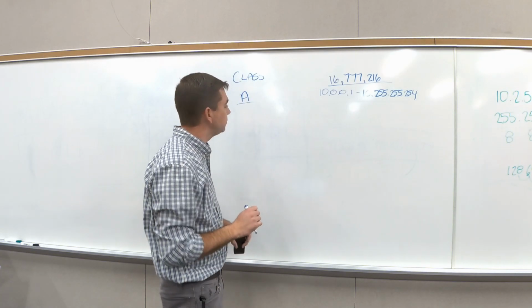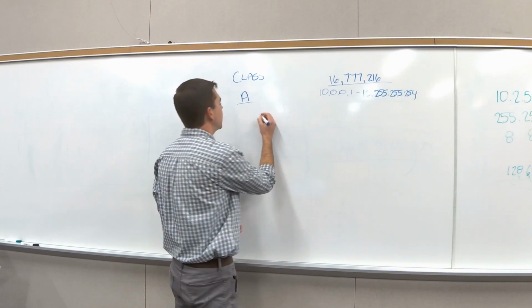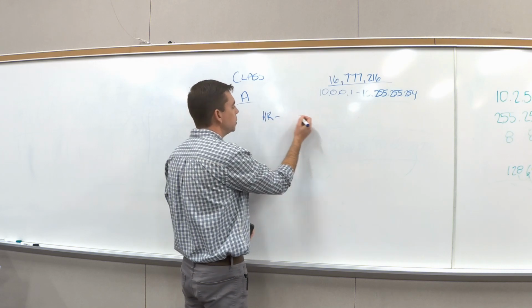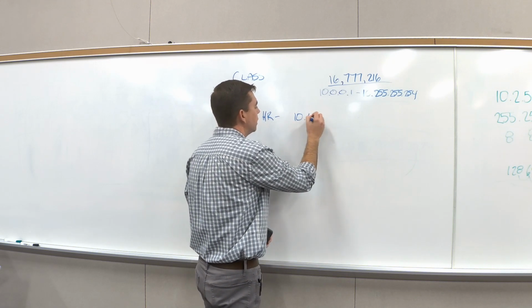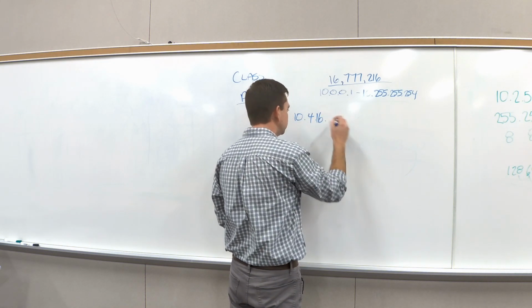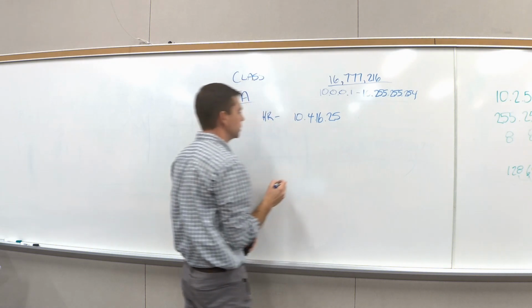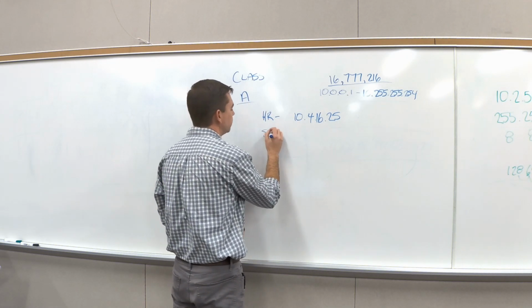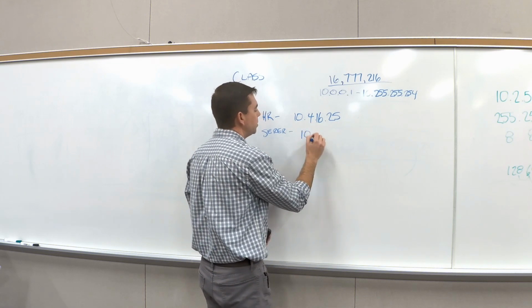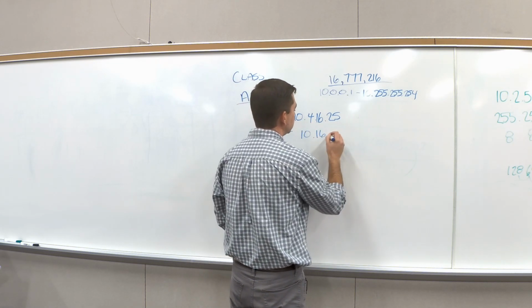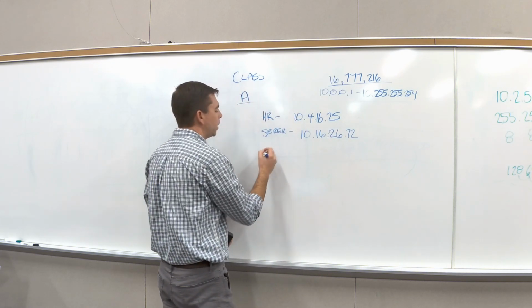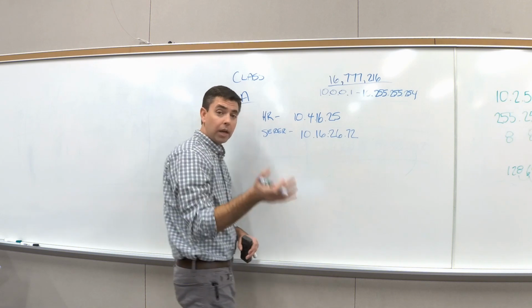All right. So then you have devices that begin to plug into your network. And so let's say you have an HR employee computer and it gets a 10.4.16.25 IP address. And then you have a server for their file system, etc. And it gets an IP address of 10.16.26.72. And then you have Wi-Fi setup, of course.